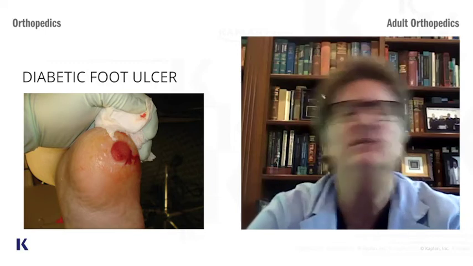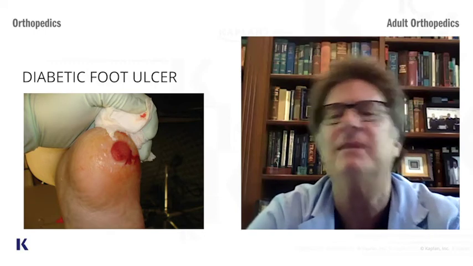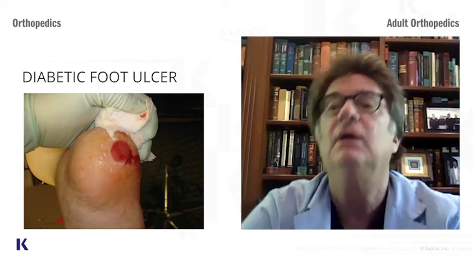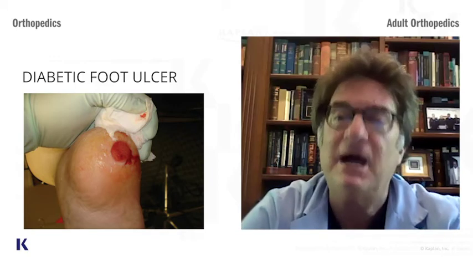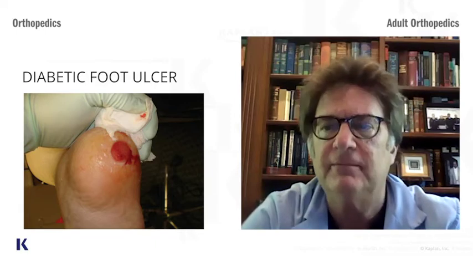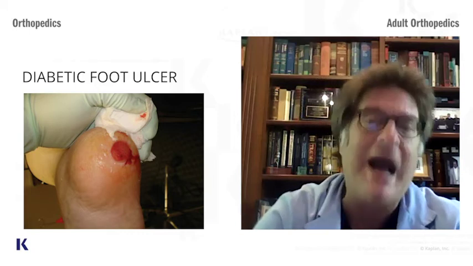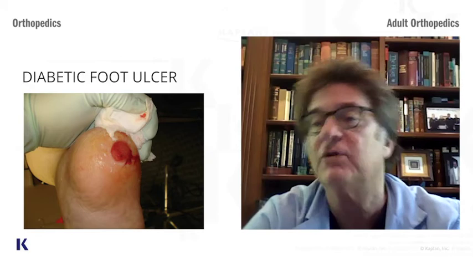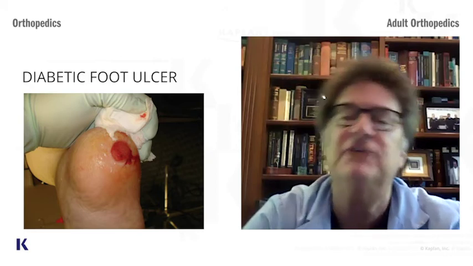Why are athletes so concerned with the first metatarsal phalangeal joint? Because an athlete puts most of their weight on the first metatarsal phalangeal joint. So that is why it's the most common location for diabetic foot ulcer.